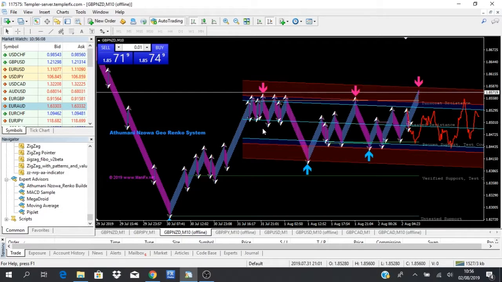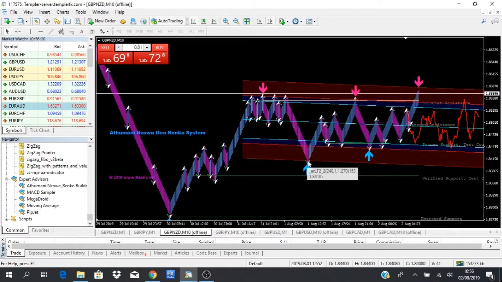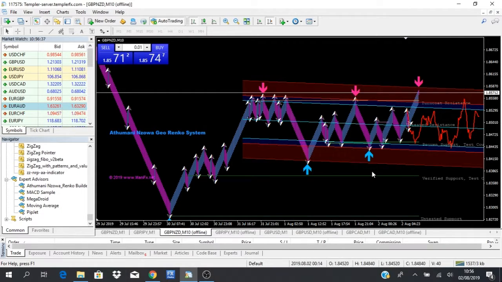So as I just said in the former tutorials, you buy once you have the blue arrow plus the fractal, because the fractal confirms that now you can buy. You exit your buy position once you get the pink arrow, and you sell once the pink arrow is there, but you confirm with the fractal, then only you sell.